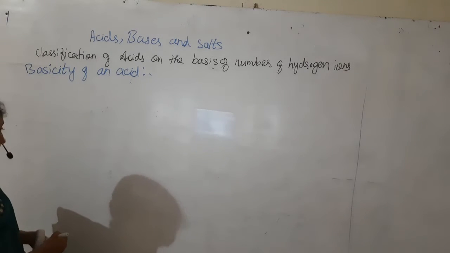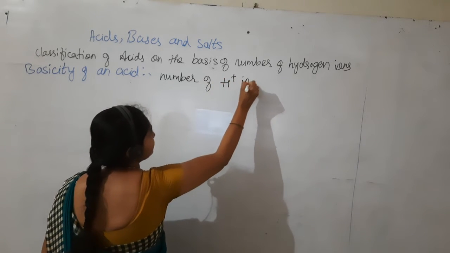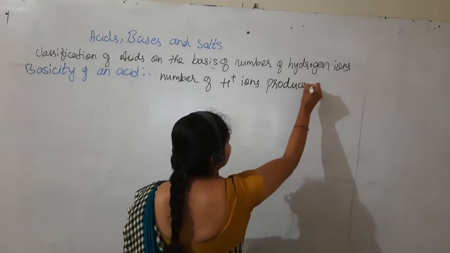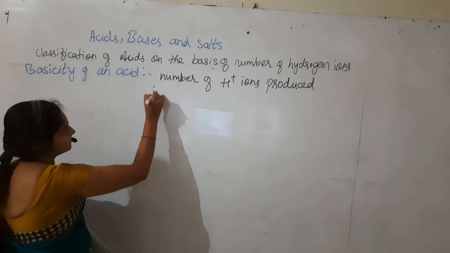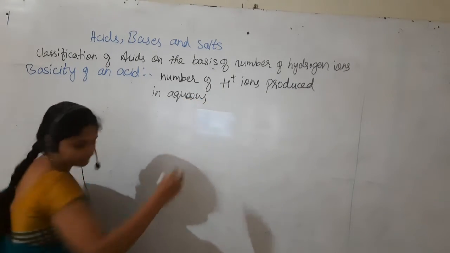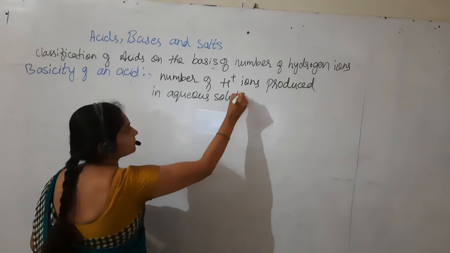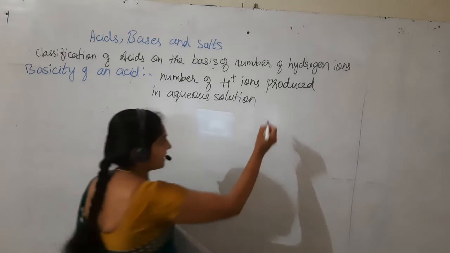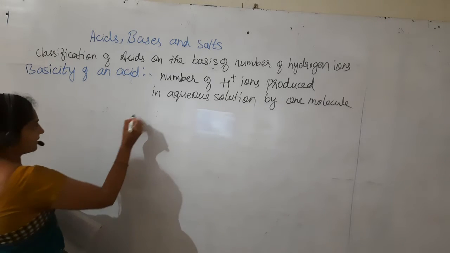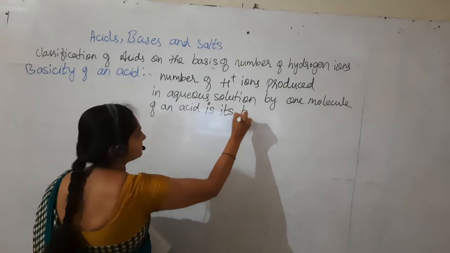Number of H plus ions produced in aqueous solution by one molecule of an acid is its basicity.